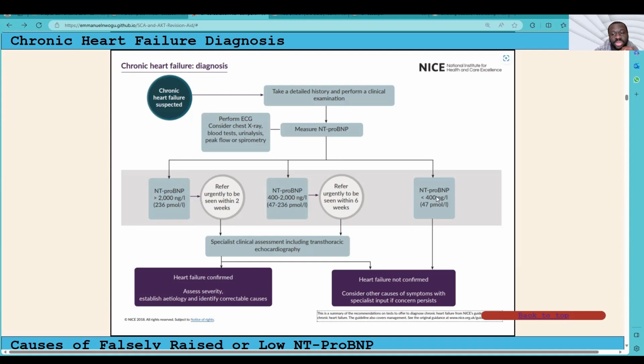Now, depending on the BNP level: if it is less than 400, heart failure is not confirmed, so consider other causes of symptoms with specialist input if concerns persist. If your BNP is between 400 and 2000, refer urgently to be seen within 6 weeks for a specialist clinical assessment, including transthoracic echo.